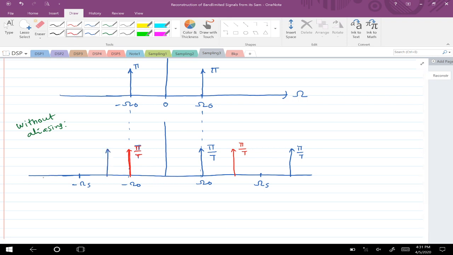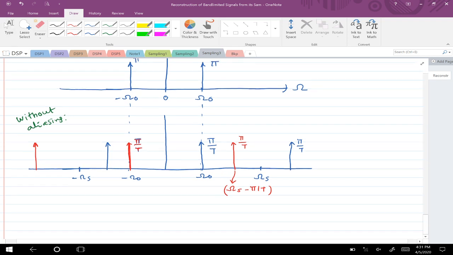I have one more copy on the other side at minus omega s plus pi by T. And this, by the way, is at omega s minus pi by T. This is how this copy would be there.